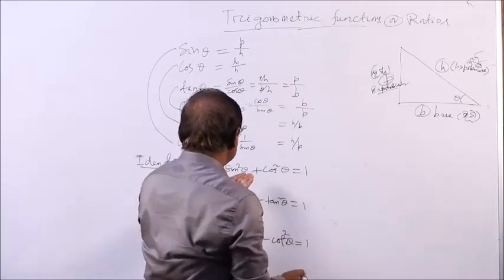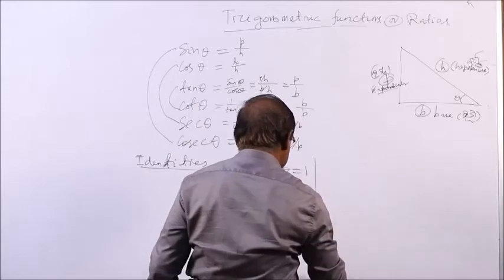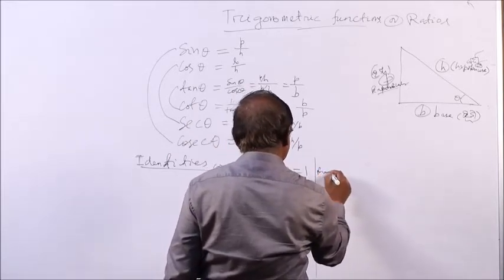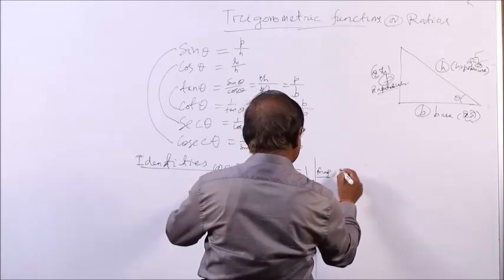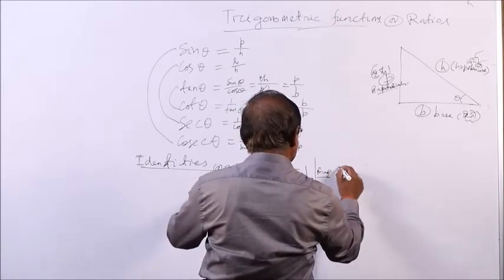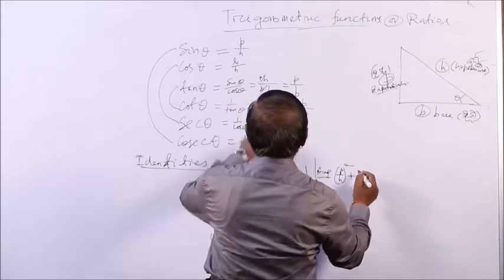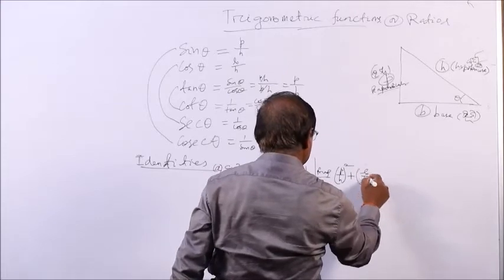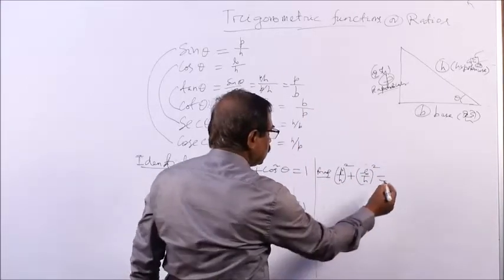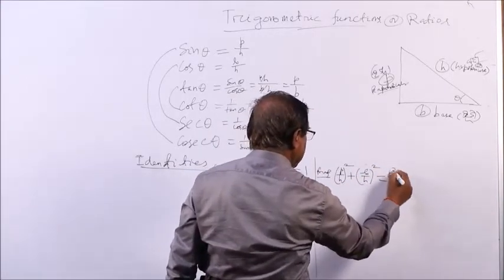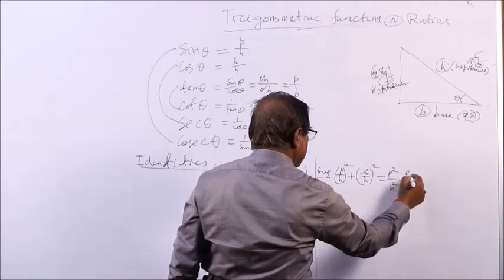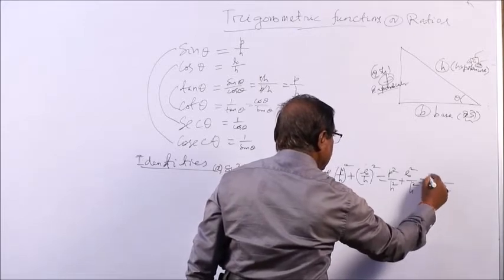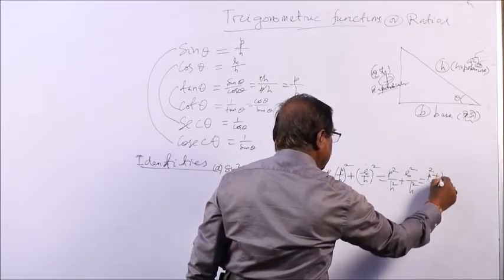You know this proof, the proof is very easy. Suppose you try to prove this: sin theta is P by H, squared, and cos theta is B by H, squared. So this becomes P square by H square plus B square by H square, LCM is H square, and this is P square plus B square.